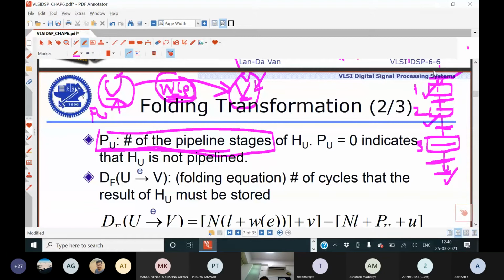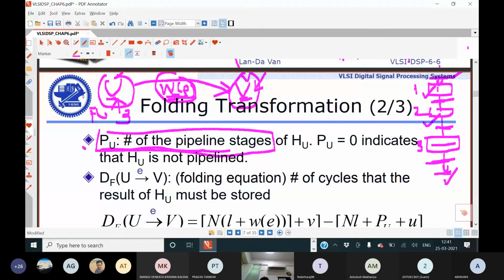So the pipeline stages of a node U are very important. If this node has 3 pipeline stages, then there will be a 3 clock cycle delay to complete the execution of U. Why are we worrying about the execution of U? Because the execution of V depends totally on the execution of U. So the execution of U depends upon the number of pipeline stages it has.